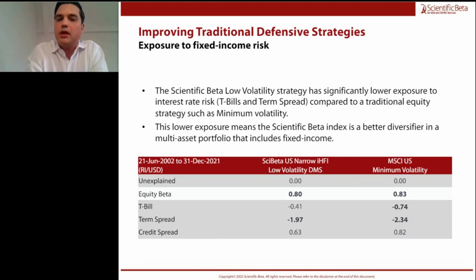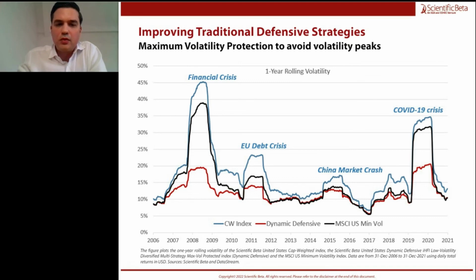And this is particularly important when it comes to the multi-asset allocation that we discussed at the beginning. Picking this strategy compared to a traditional defensive strategy will allow you to have less correlation with the fixed income component of the multi-asset portfolio.